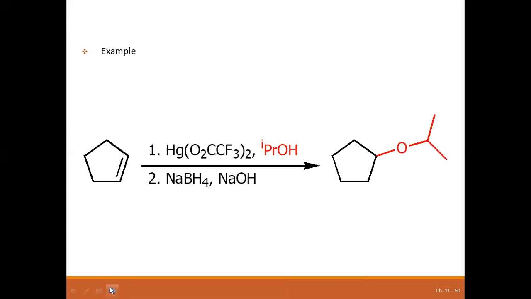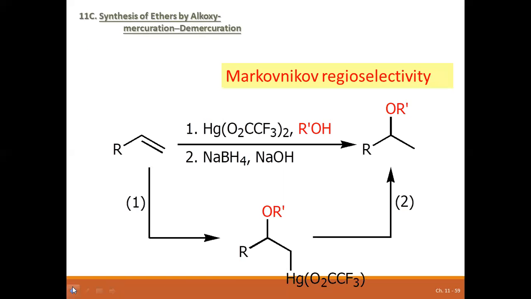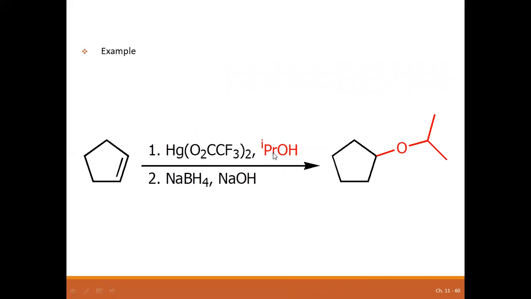So another one, you have your Hg(O2CCF3)2. So this one, we're using Hg(O2CCF3)2, and the other one is sodium borohydride. So you have the isopropyl alcohol, and this has a similar number of hydrogens. You get either carbon, you get the same product here.